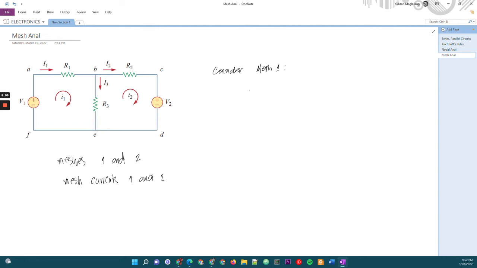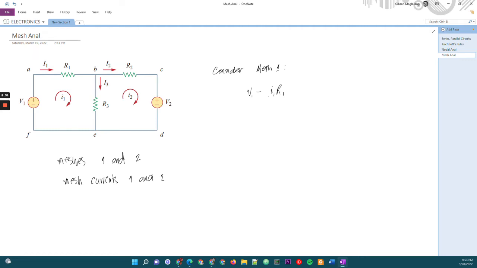So we have positive V1, since we meet it at the positive terminal, and then in the same direction as the current, we have I1 R1. And then when we reach this branch, two mesh currents meet, we have I1 and I2.